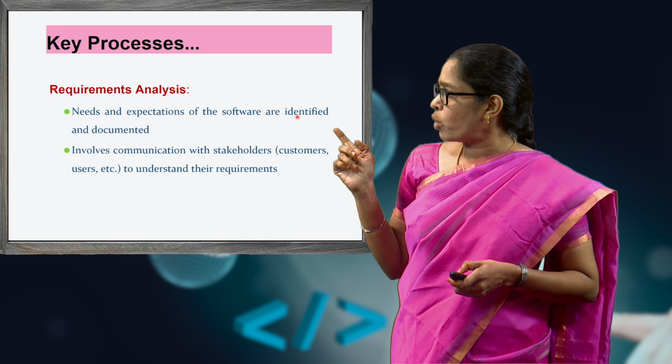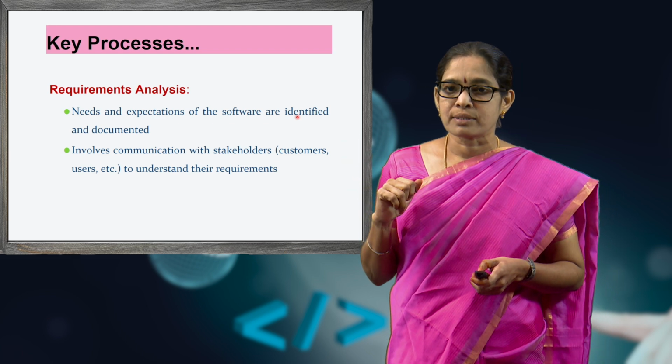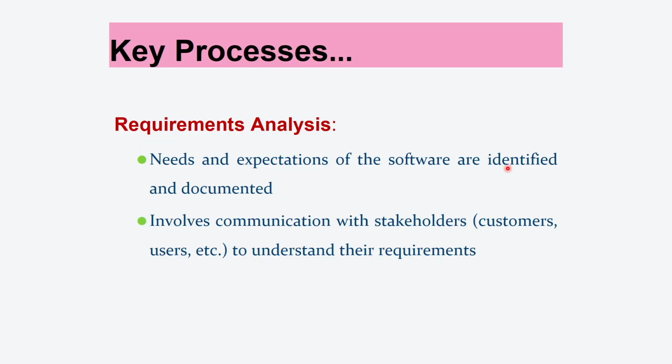The first one is requirement analysis. Needs and expectations of the software are identified and documented in this stage. Here the expectations can be collected from the stakeholders like customers, users or from some organizations.